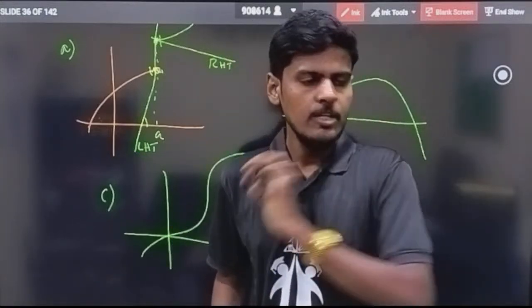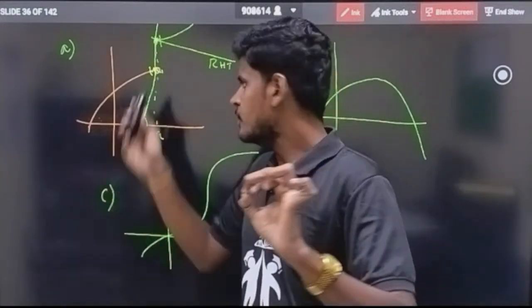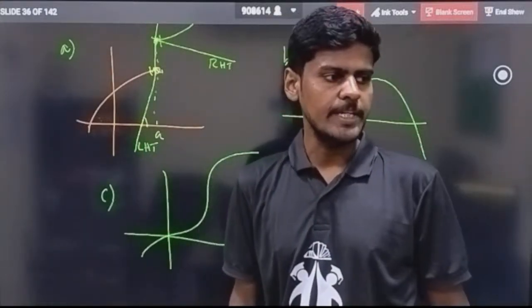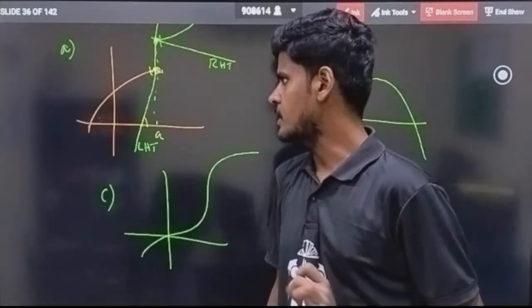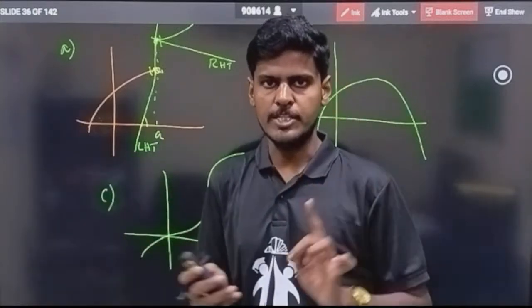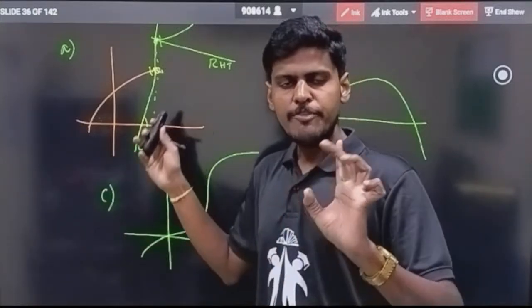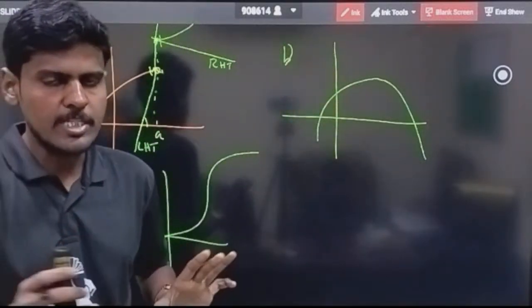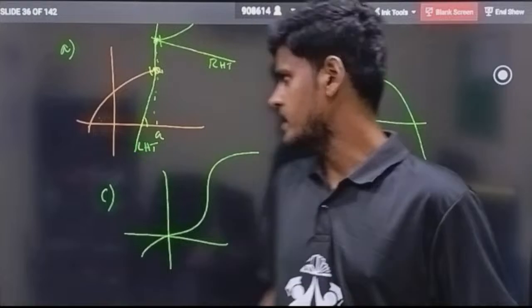That is impossible. So whenever a function is discontinuous, we can't have a unique tangent at the point of discontinuity. That means this function will not be differentiable. So any function that is discontinuous at a certain point is not differentiable at that point.